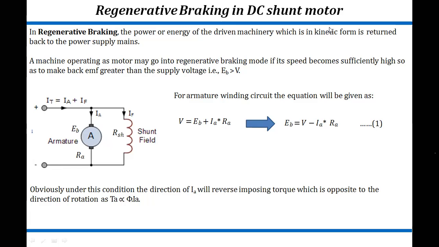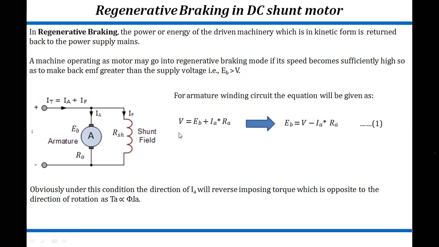So in regenerative braking, the kinetic energy is returned back to the power supply. A machine operating as a DC motor will go to regenerative braking if its speed becomes sufficiently high, so as to make the back EMF greater than the supply voltage.